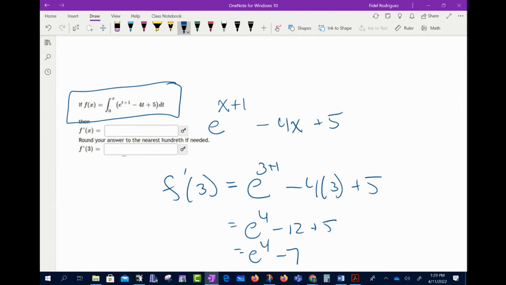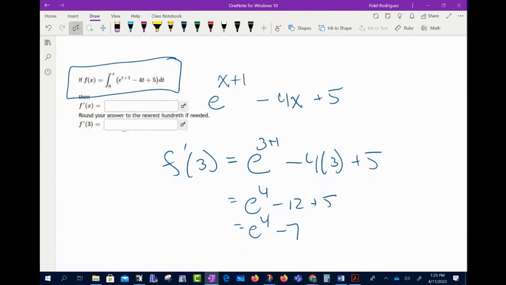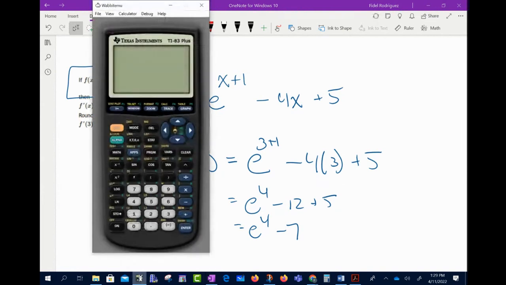Okay, now the directions here are telling me to do some rounding. So let me go ahead and round this. e to the 4th minus 7 e to the 4th plus 5. Okay.